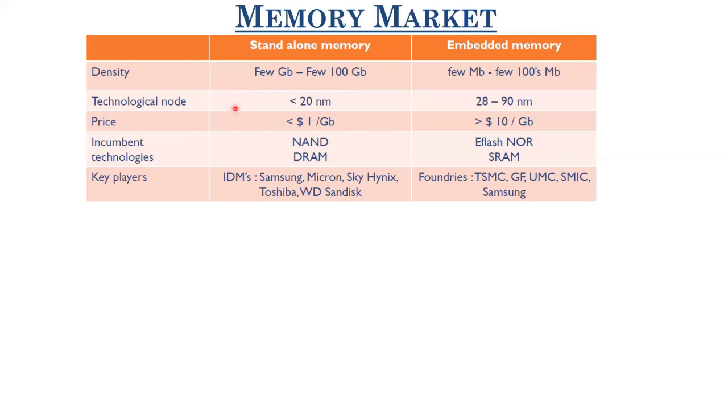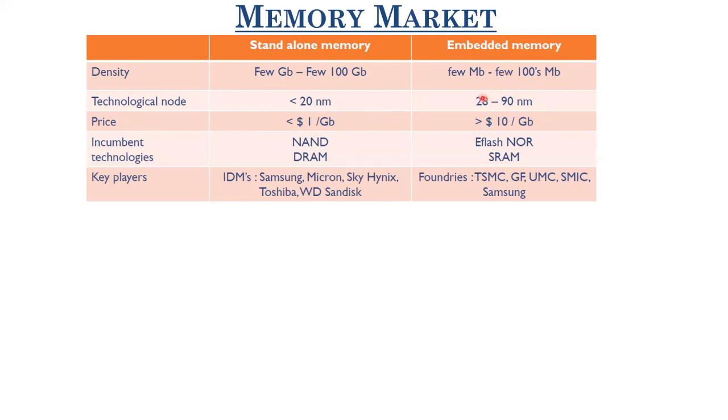Now the major thing where these industries differ is in terms of cost per bit or price per bit. Typically these standalone memory devices, their cost is less than $1 per gigabyte. However, these embedded memories are pretty costly. Why are they pretty costly? Because their area is large, right? We discussed that their area is large, and in VLSI, area actually translates to cost.